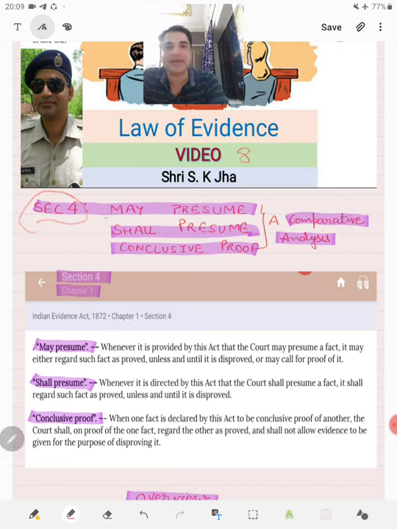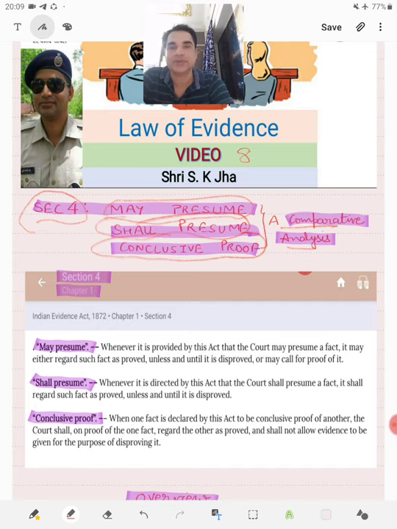One is may presume, another is shall presume, and third is conclusive proof. A comparative analysis of all these three terms is necessary in order to understand their complete implications.